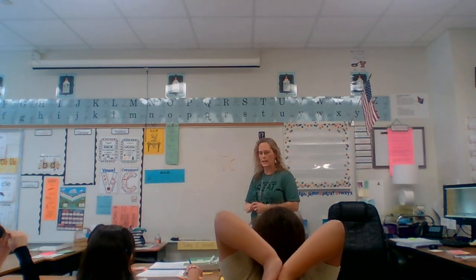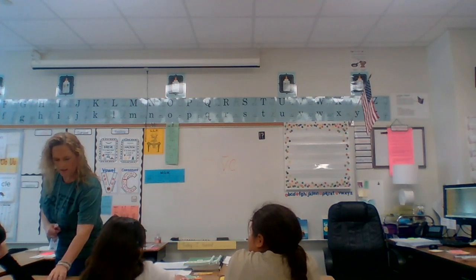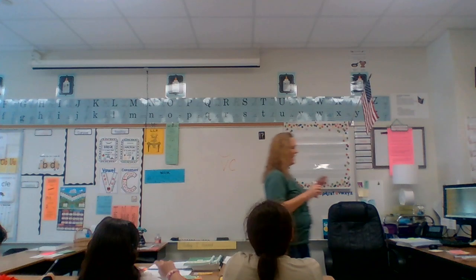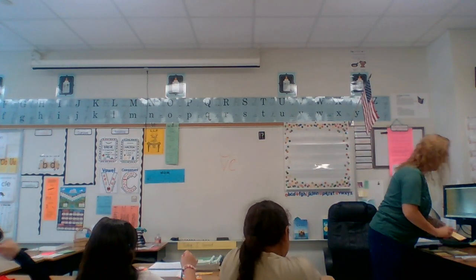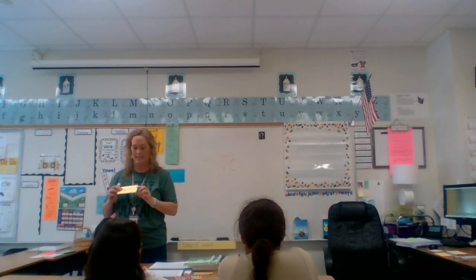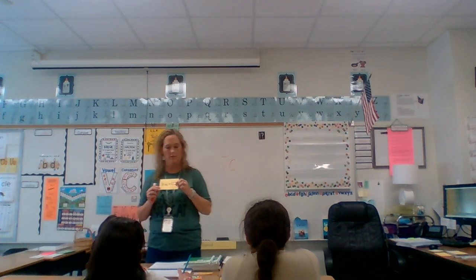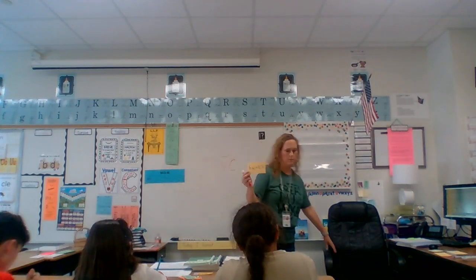Okay, so let's look at line 1. The first one, I see a derivative. What do we remember about a derivative? It has a suffix. What suffix does it have? Okay, box that in for me. Grayson already did that. Good job.